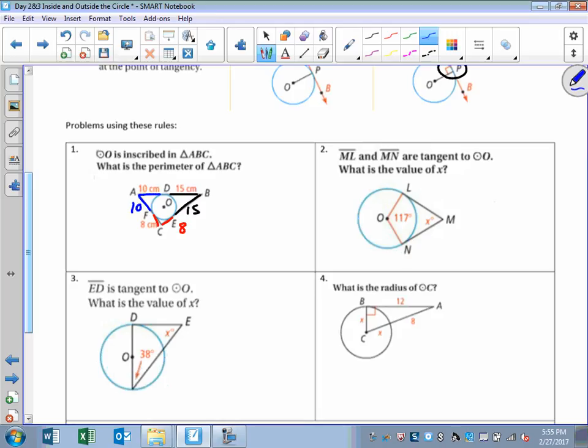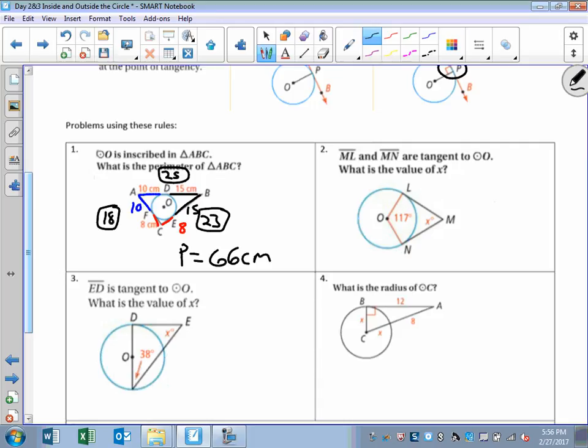So we've got 18 over here, 25 at the top, and 23 on this side. If you add them all up, you would get the perimeter equals 66 centimeters. So that's how you go about doing a problem like this.